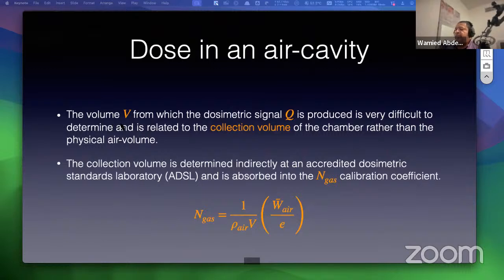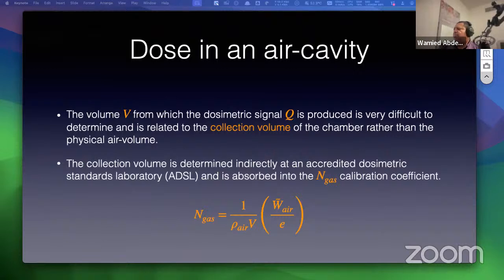Therefore, in general, this volume is very difficult to determine in an ionization chamber. Also, manufacturers cannot guarantee, even for the same chamber model, that the air cavity volume is going to be exactly the same for all chambers. So there are going to be small variations there.